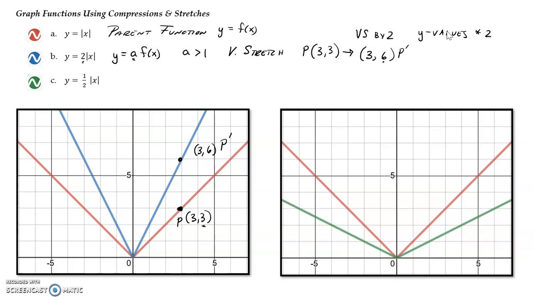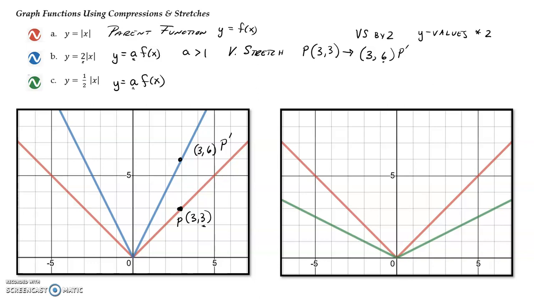Let's go ahead and take a look at the one we have for part C. This time we've got the graph of y equals 1/2 times the absolute value of x. Right? This is still in the same format, y equals a times our f of x, which is our function that we're working with.